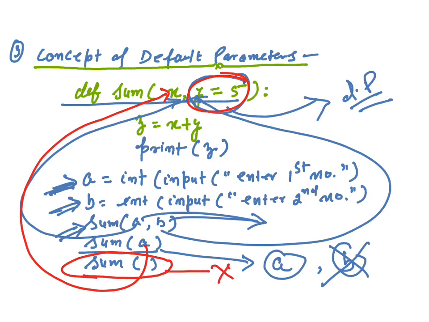It means when you are calling the function, you can leave out only those values which are assigned. Here y equal to 5 is assigned, so you can leave that, but you cannot leave the value of x because x is not assigned. So x must be given, y can be left.